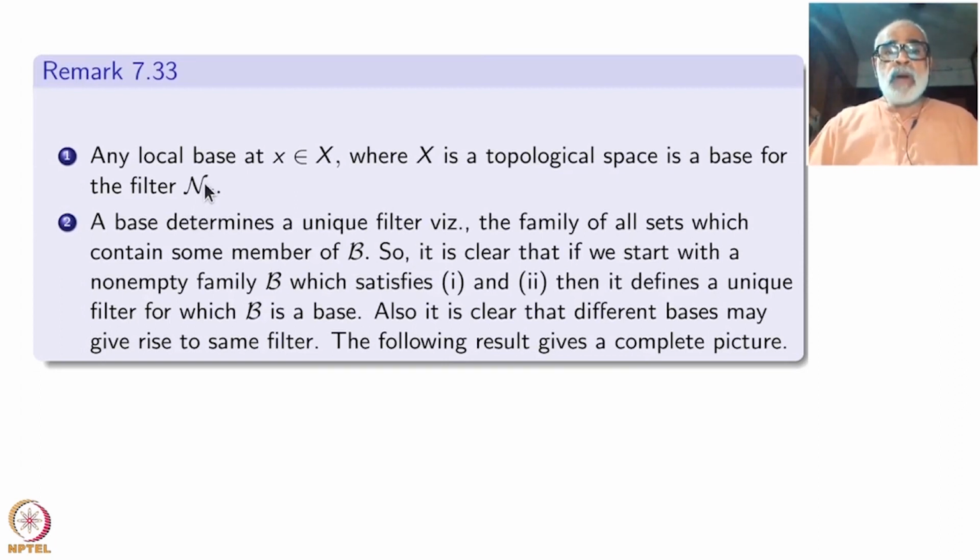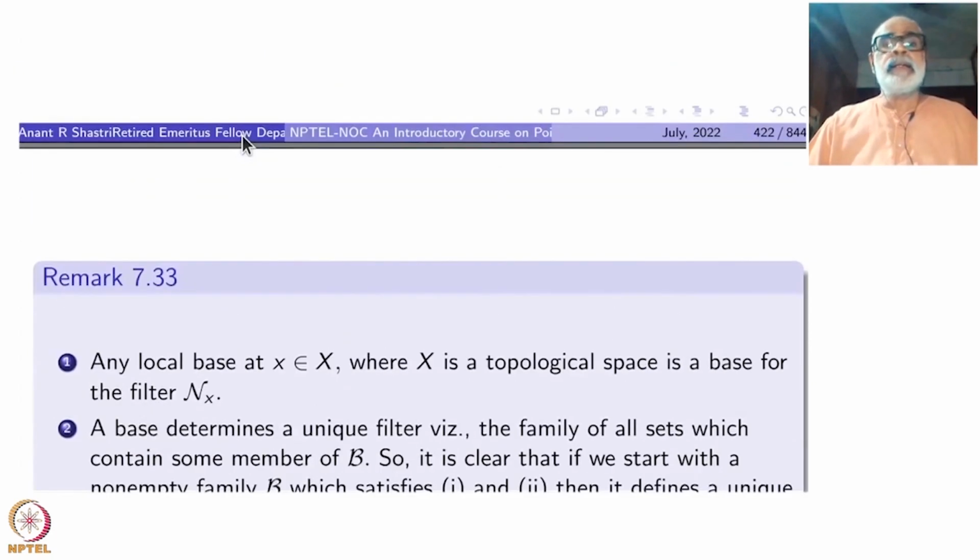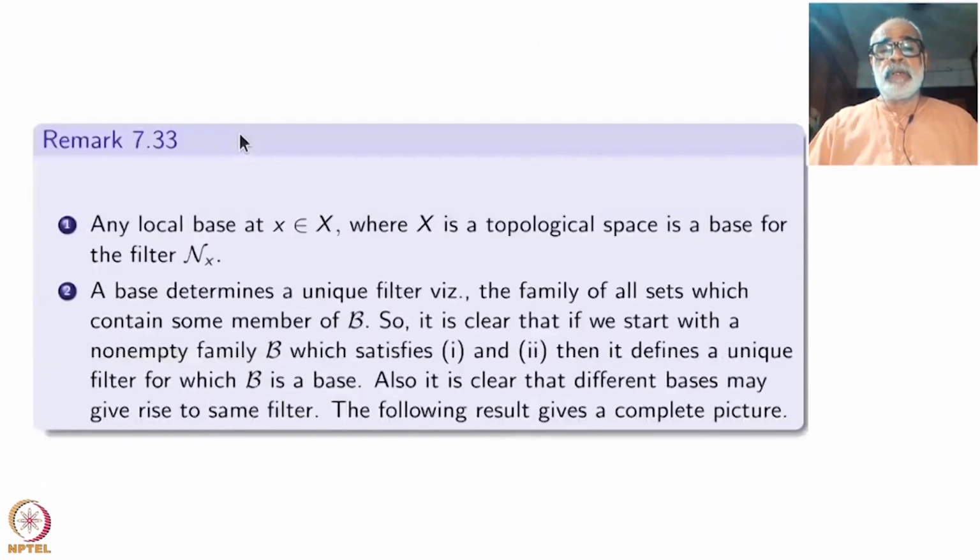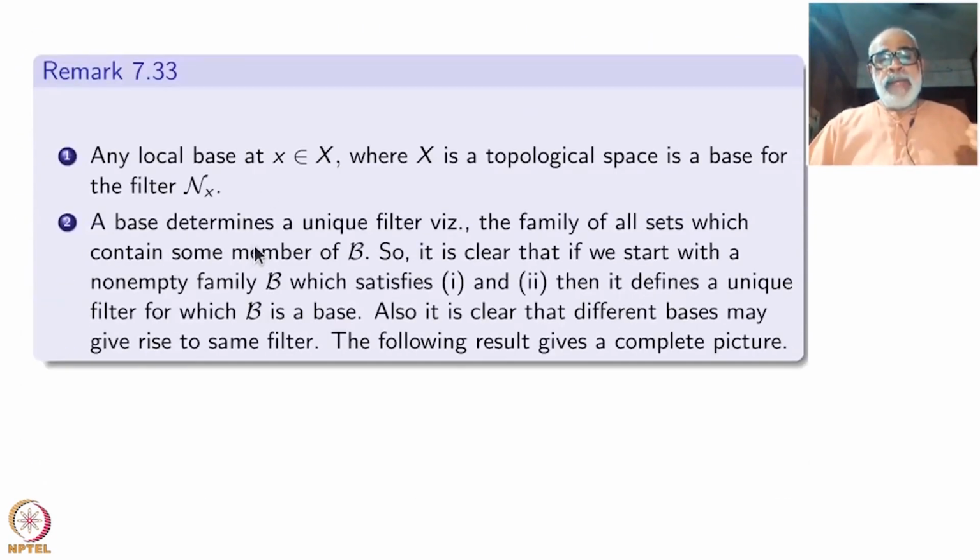Because if you have a base, for every neighborhood of x there will be a member in the base, and that condition is satisfied. That is what it is here. Over. A base determines a unique filter in the following way. The family of all sets which contain some member of B. Okay, you see, there may be a filter here. B is a base for that, but this filter, what I am generating, may be even larger.